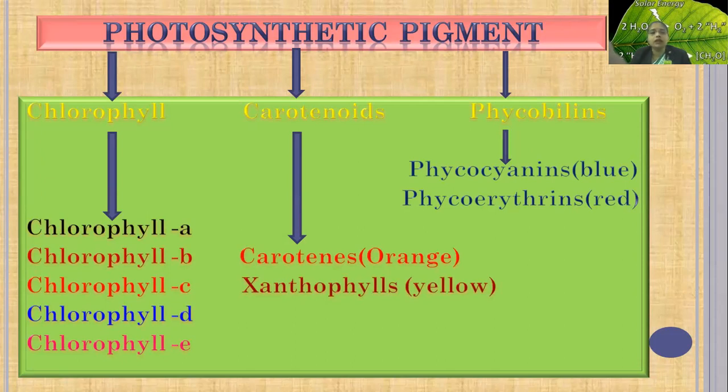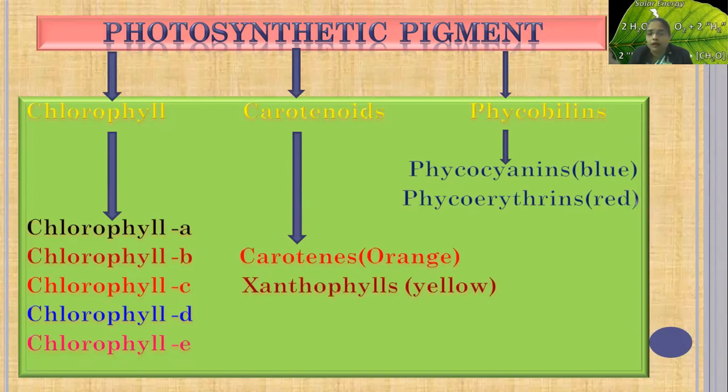Carotenoids are divided into carotene, orange, and xanthophyll, yellowish in color, and phycobilins are divided into phycocyanins and phycoerythrin, meaning bluish or red colored pigments. So the first point is chlorophyll. Chlorophyll is the main active pigment of photosynthesis.